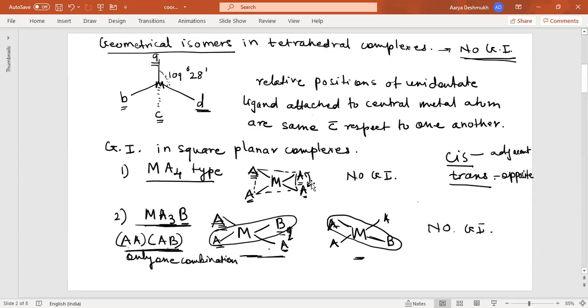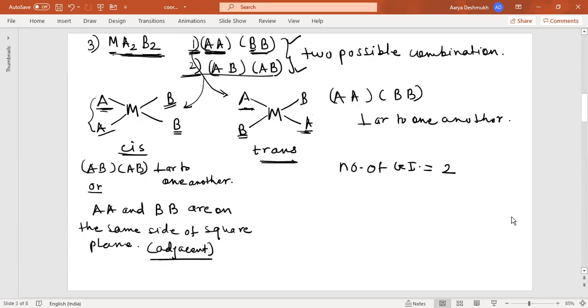In square planar complex MA4 type, no geometrical isomerism. Even in MA3B, no geometric isomerism. You have to remember all these things. Then MA2B2, possible combinations are 2, so 2 geometric isomers are possible.